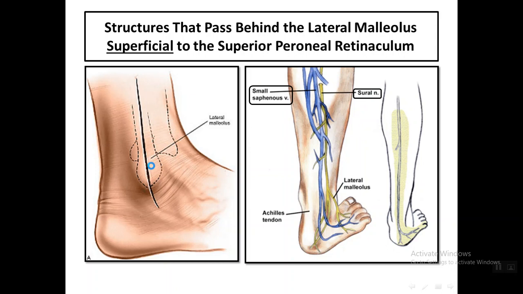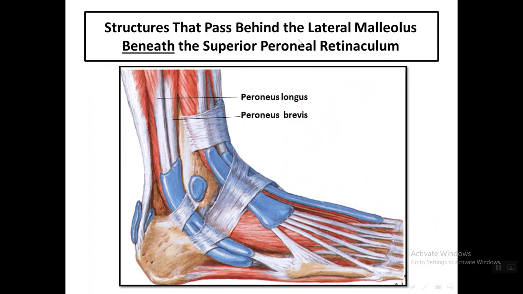Other structures that pass behind the lateral malleolus, beneath the superior peroneal reticulum, are the tendon of peroneus longus and the tendon of peroneus brevis muscle. نشوف انه tendon of peroneus brevis muscle will pass to the base of the fifth metatarsal bone, بينما tendon of peroneus longus will pass deep to the sole of the foot.